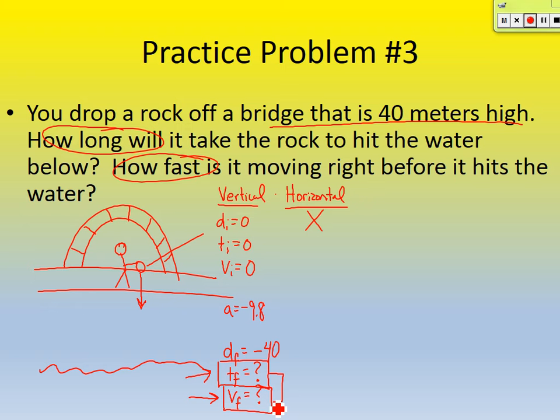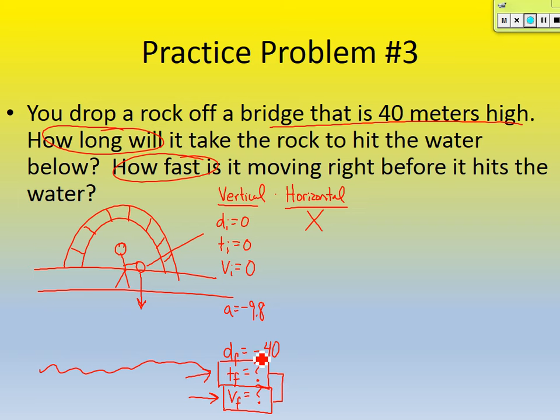Let's go to equation number 3. Displacement, which we have, it's a minus 40, is equal to 1/2 the velocity final, which we don't have, plus velocity initial, which we do have, times t. And again, we have 2 variables in that equation that we don't have. So we can't use equation number 3 either. Let's go to equation number 4.